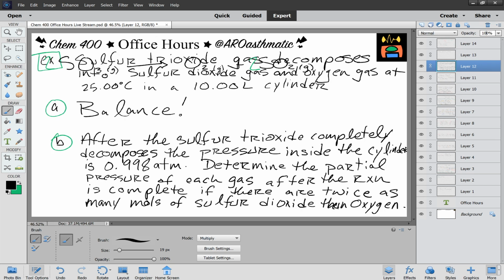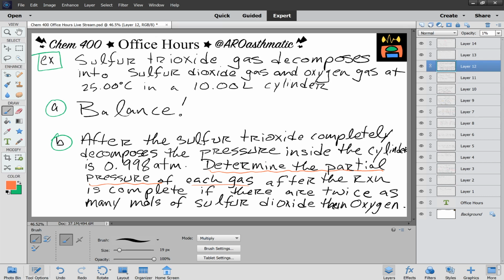Whoa, that's ugly. Let's look back at the original problem and ask yourself, what are you trying to find? It's hidden right here. We're told to determine the partial pressure of each gas after the reaction is complete.